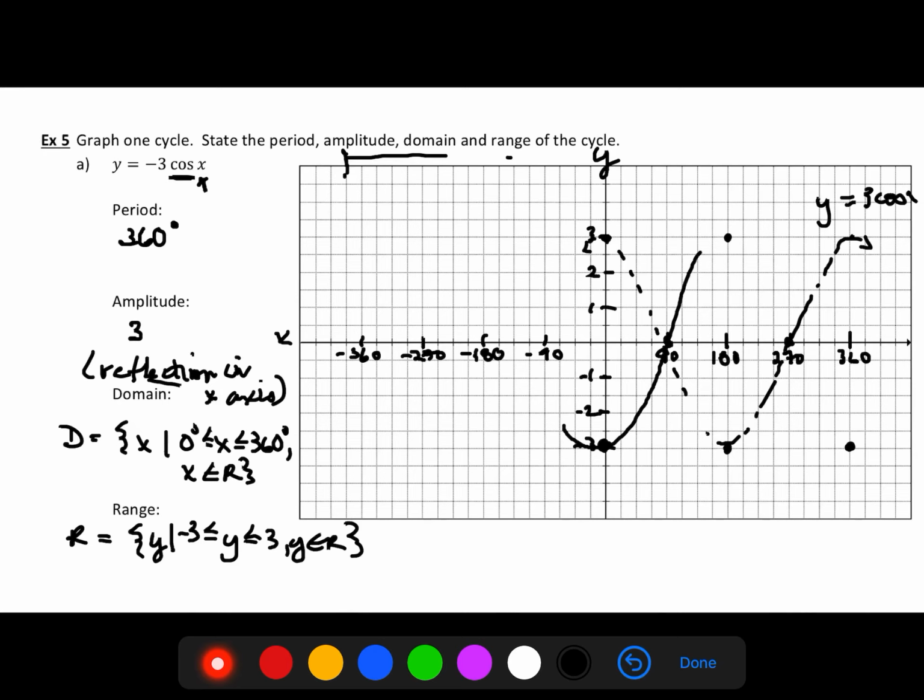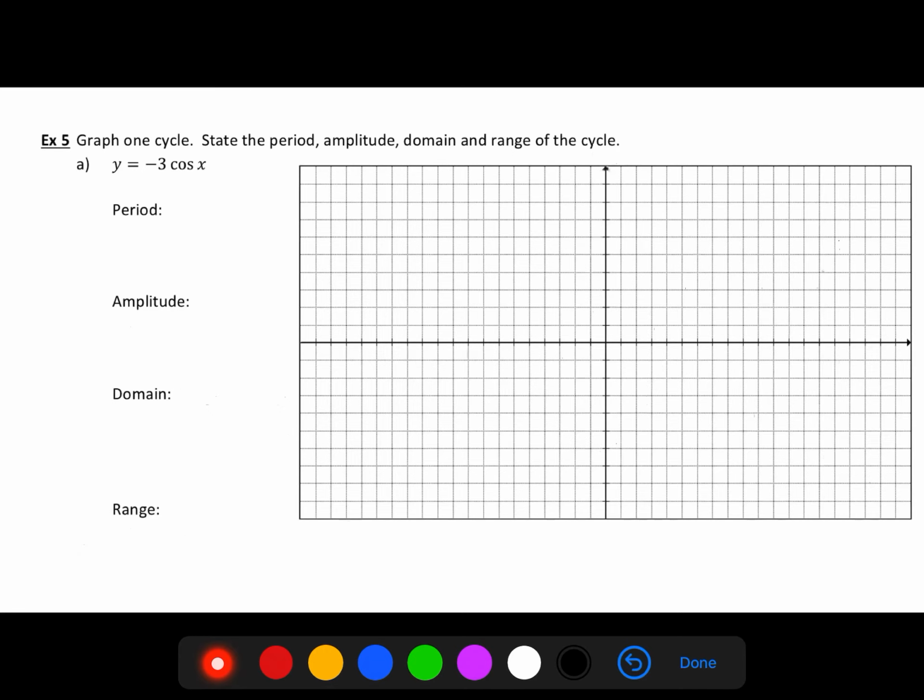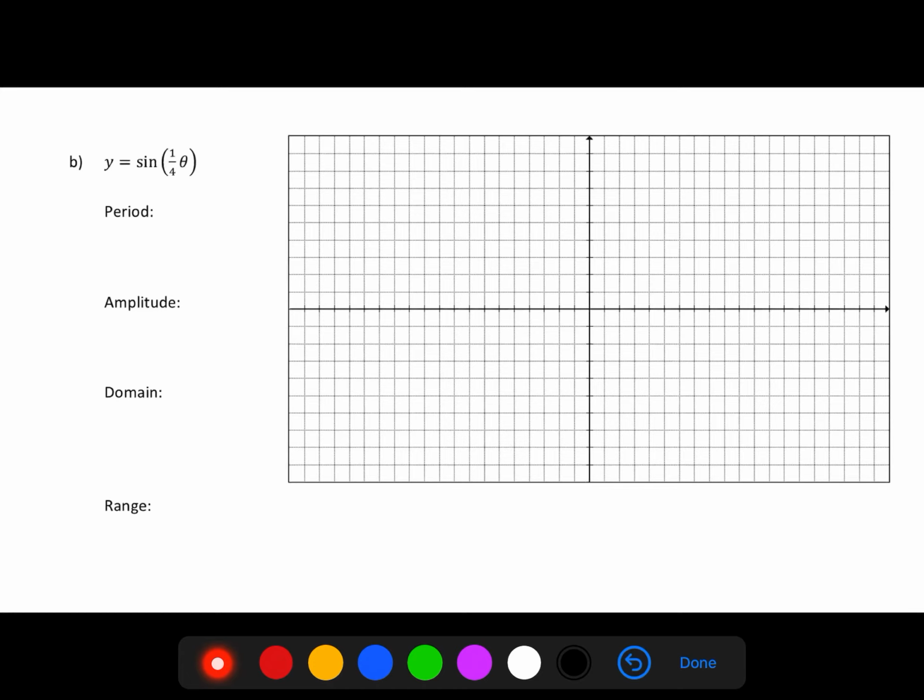Now, if we want to reflect it, that means we're going down here, up to the middle, up to the max, back to the middle, and back to the minimum. So reflected, we now have our graph of y equals -3 cos x.